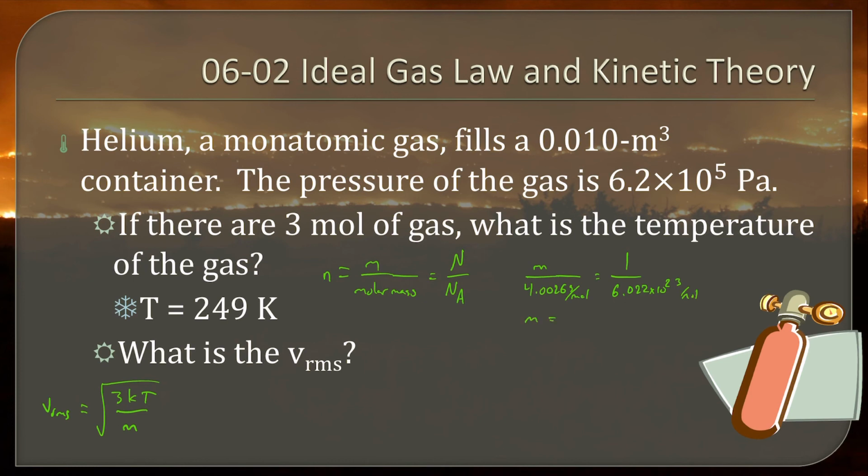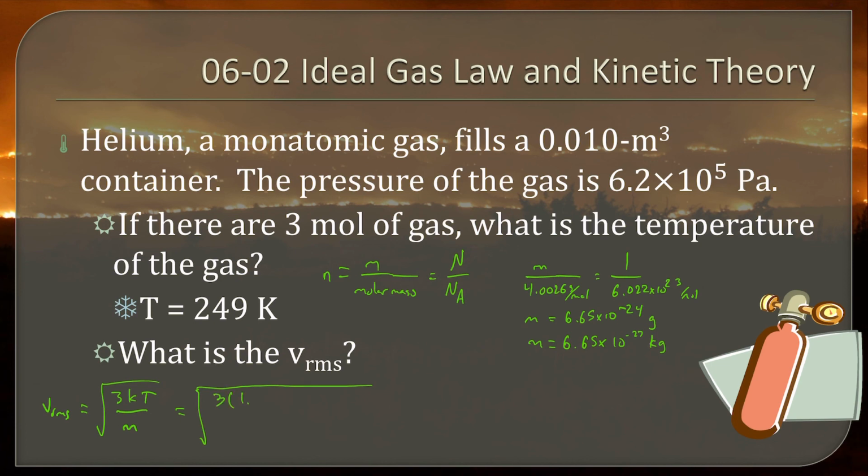So if we multiply by the 4.0026, that would give us 6.65 times 10 to the negative 24 grams. But the base unit for mass is kilograms, so we need to make it kilograms. And now we know everything to find our root mean square speed.